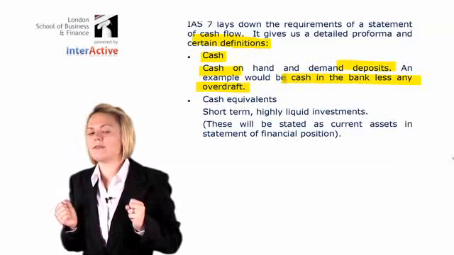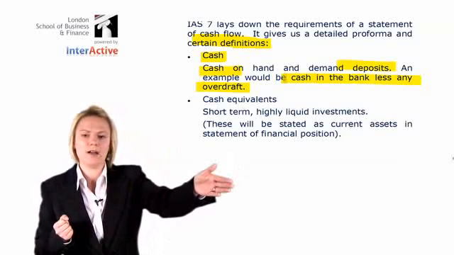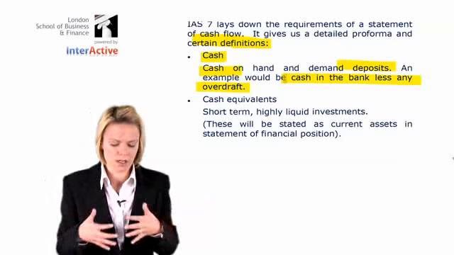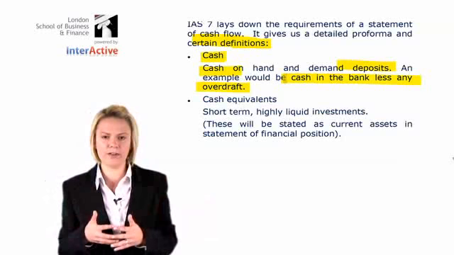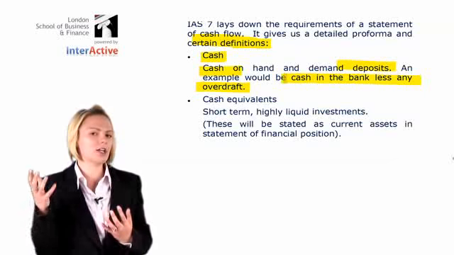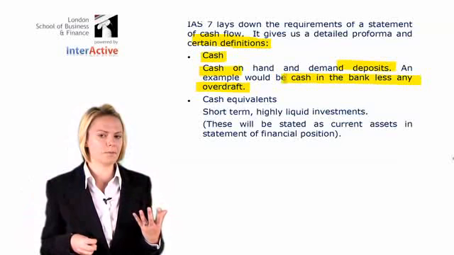You can buy them today for £10 and you can sell them tomorrow for that same amount of £10. Very low-risk investments generally. So cash and cash equivalents is what we will be reconciling. Opening cash and cash equivalents to closing cash and cash equivalents.